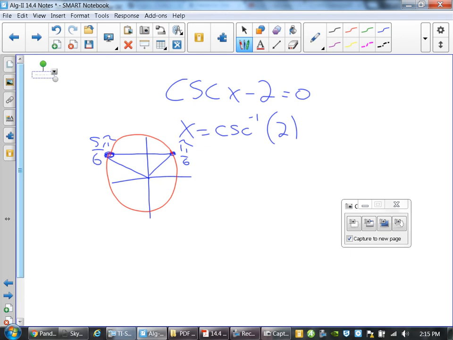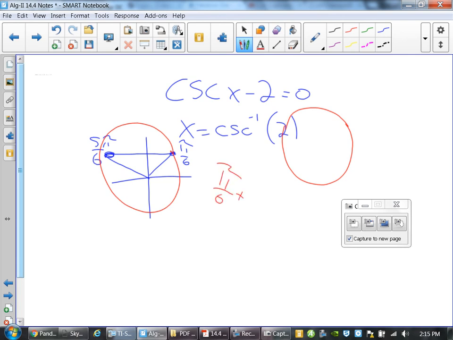No. Starting from here, how long does it take me to get to there? 2 pi. So it would be pi over 6 plus 2 pi n, for the number of revolutions.